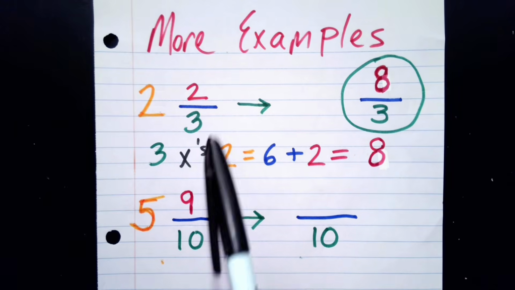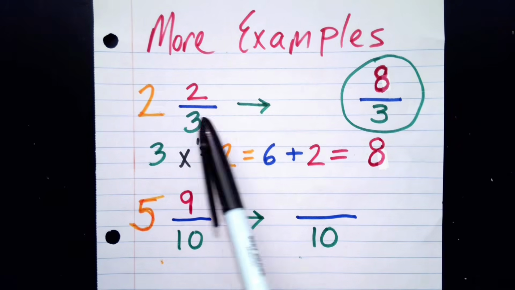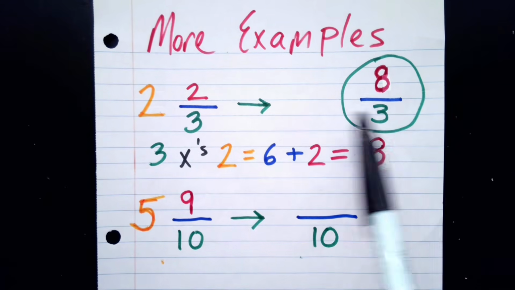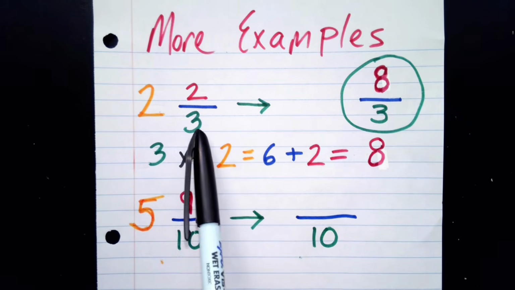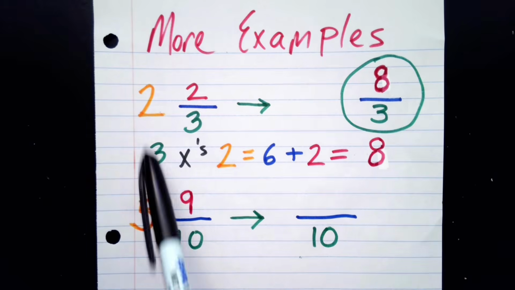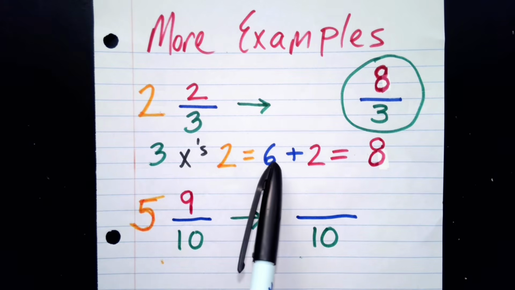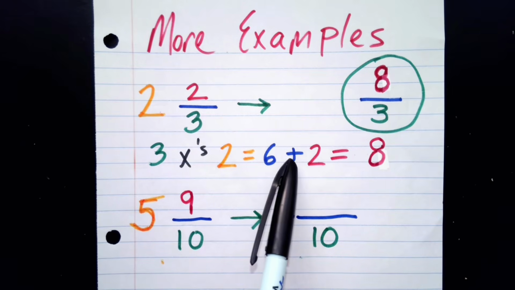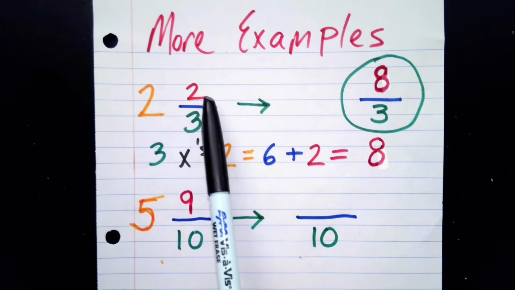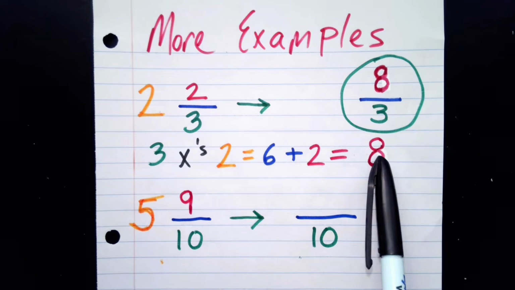So the formula is, remember, that bottom number, that denominator will stay the same. It will be in your answer. It stays the same. So simply multiply 3 times 2. The product of 3 times 2 equals 6. 3 times 2 is 6. And then go ahead and add that product with the top portion, 2. So 6 plus 2 is 8.